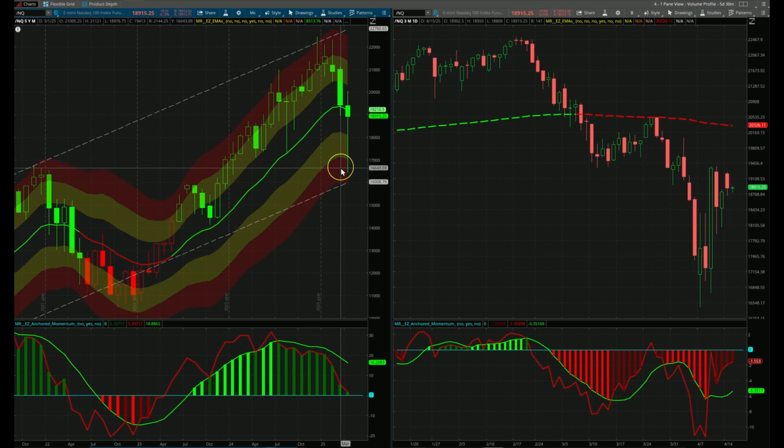But you know what? The bulls bounced. You came down to the red zone. The bulls bounced back up. Now, does momentum carry the bulls higher? Get your shorts on, man. Because no, that's what the anchor momentum is showing us. We're going down. We're not going up.